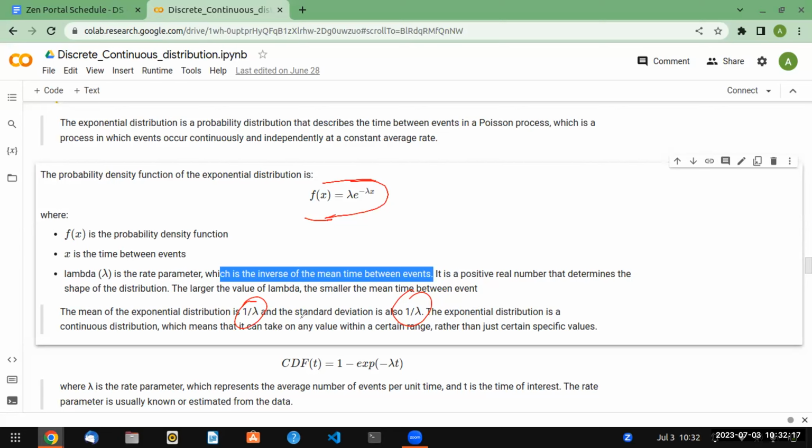So just keep in mind, if you have this equation with you, you understood this is exponential distribution, and if this is exponential distribution, the mean value, if you know what lambda is, the mean of your distribution is 1 by lambda. The standard deviation is also 1 by lambda. You need to keep this in mind if your data set is following it.